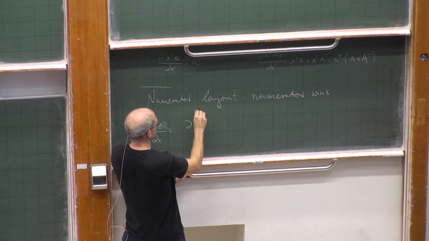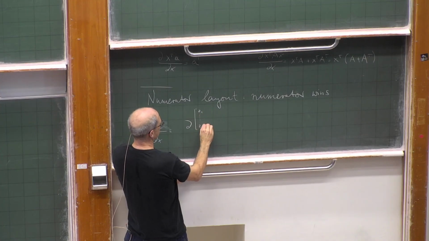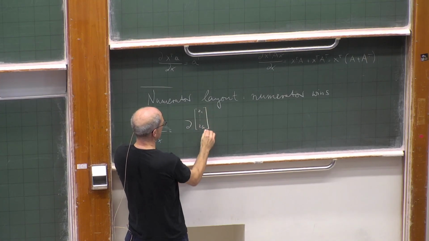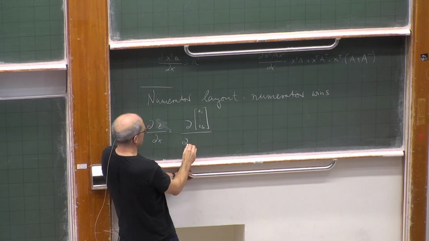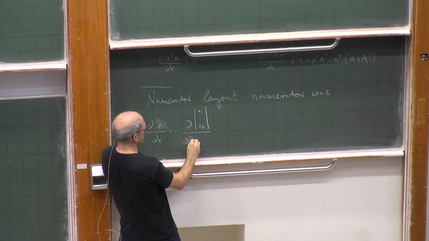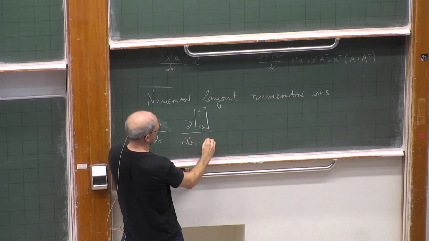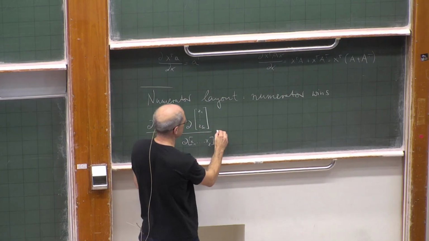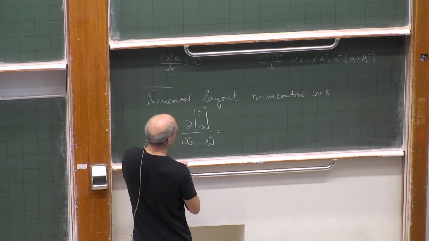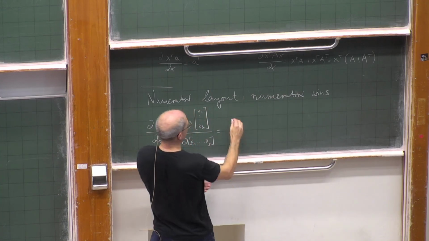So I will write z1 up to zk. But down here, I will write dx1 up to xl. And now, well, we get out a matrix.